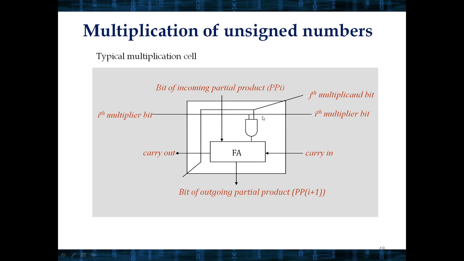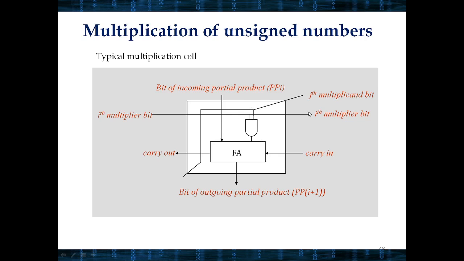The AND gate in each cell determines whether a multiplicand bit mj is added to the incoming partial product bit, based on the value of the multiplier. So here we will be deciding whether we need to add the multiplicand to the partial product or not based on the multiplier bit value, that is qi.